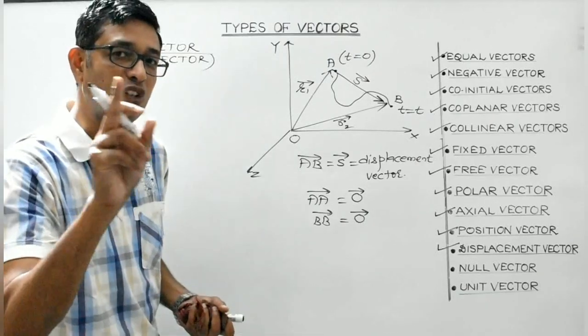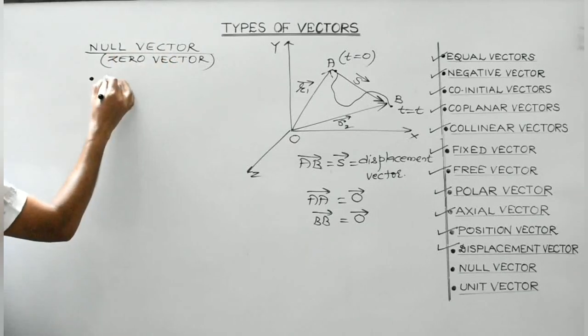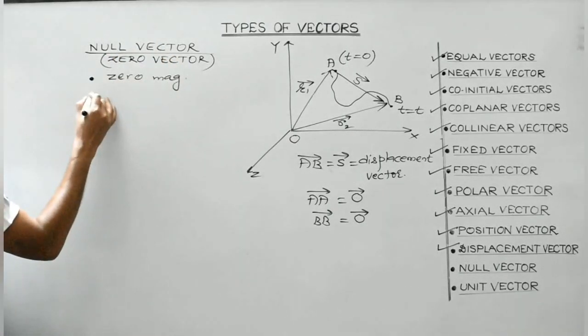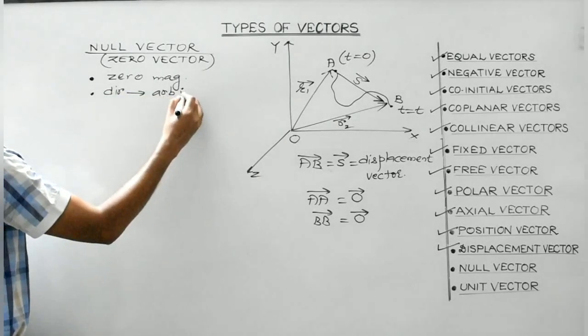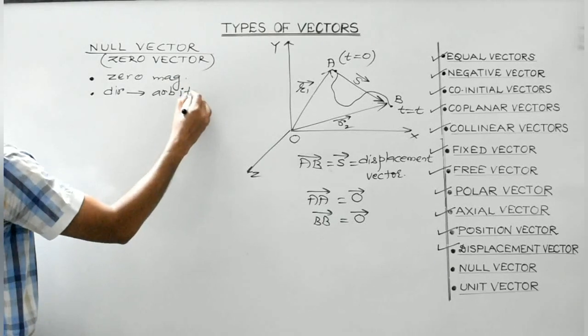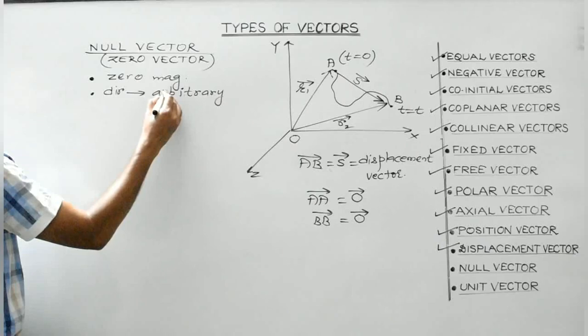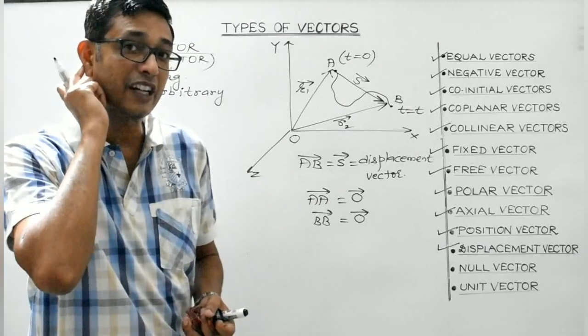So that vector is known as a null vector. That is, null vector has zero magnitude and direction arbitrary. Right? This is the property of a null vector. Now there are some other properties of null vector as well.